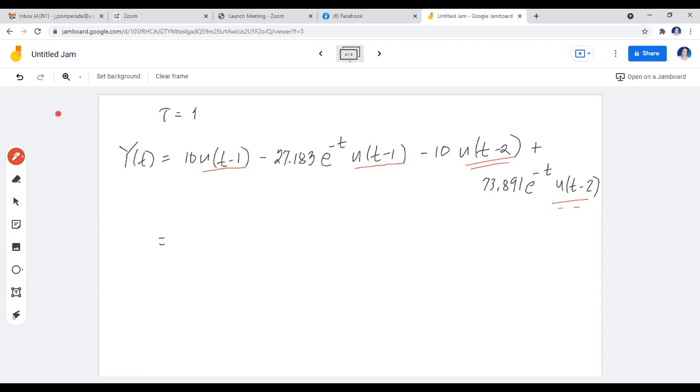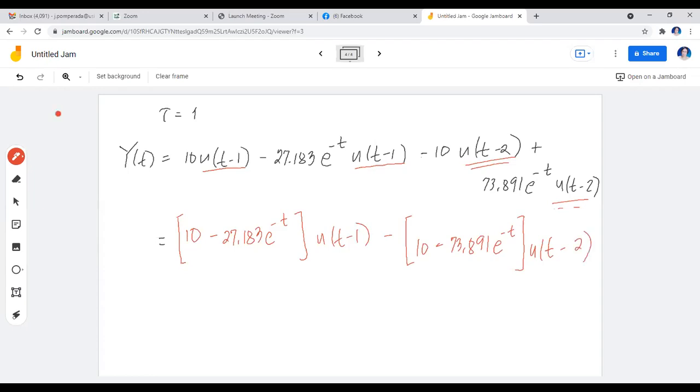So you will have here 10 minus 27.183 e raised to negative t, multiplied to u of t minus 1. In the second part, with a negative here, minus 73.891 e raised to negative t, multiplied to u of t minus 2.